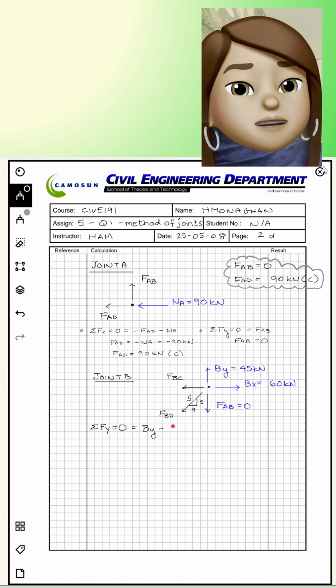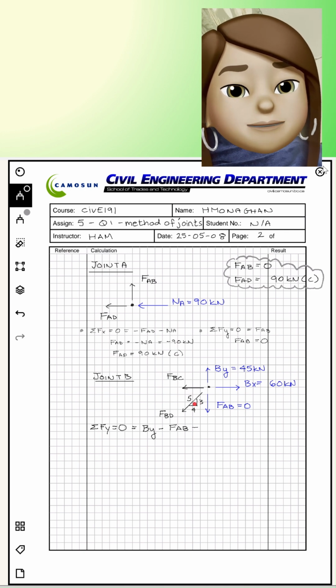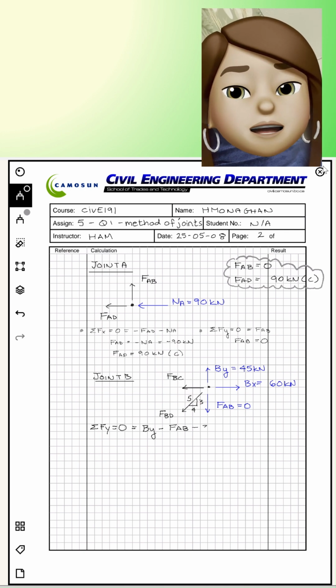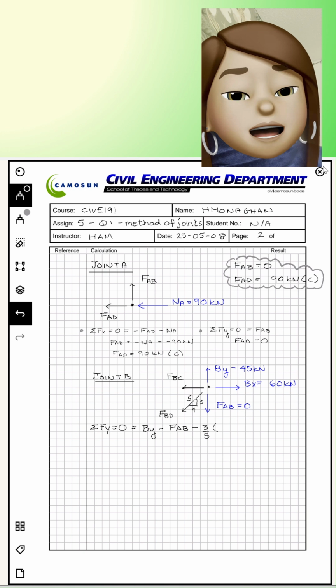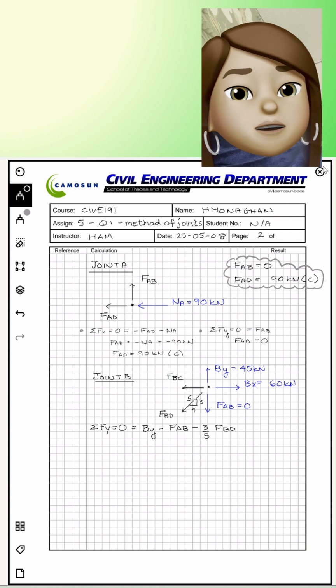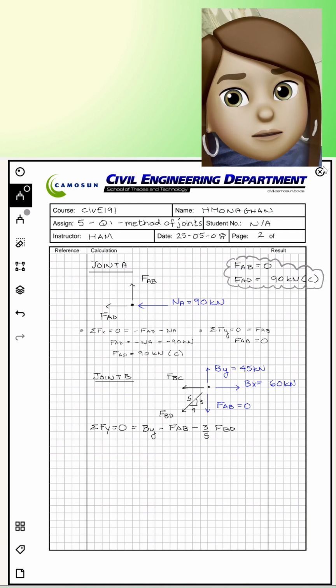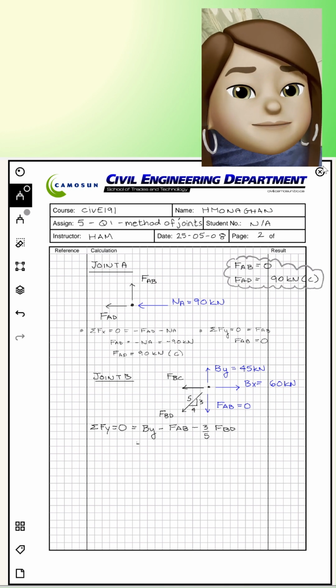Every 4 units that we go over, we go down 3 units, resulting in a hypotenuse overall magnitude of 5. So just by a quick little inspection, if we do the sum of the force in the Y, we can solve for that member BD real quick. If everything's in equilibrium, we've got this BY, that reaction at that hinge support going up, so positive. We've got the member AB. Yes, it's 0, but we're going to label it anyways.